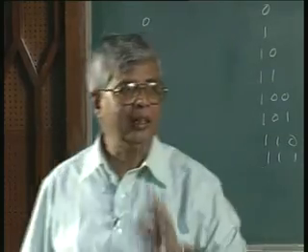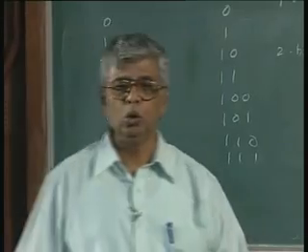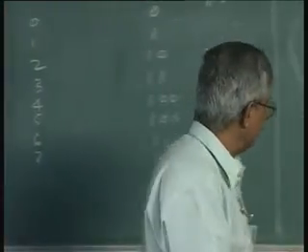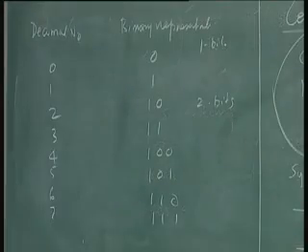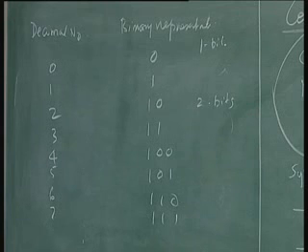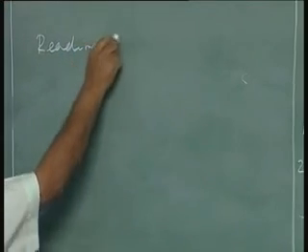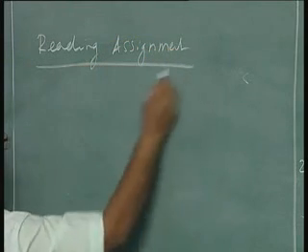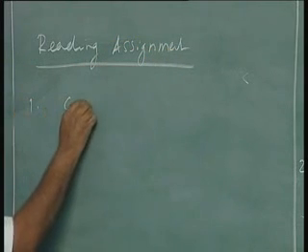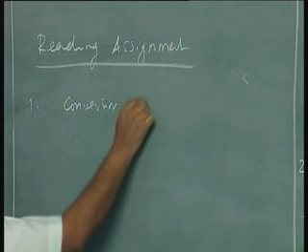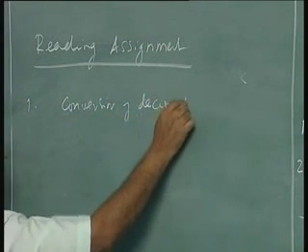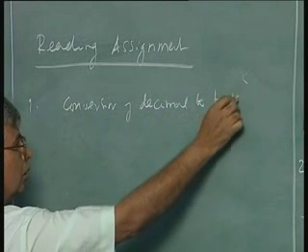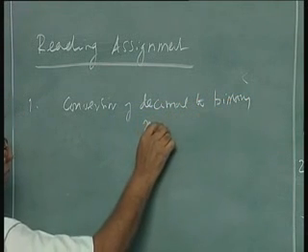So I will leave it as an exercise, a reading assignment to you, to do the following things. Reading assignment: conversion of decimal numbers to binary representation.